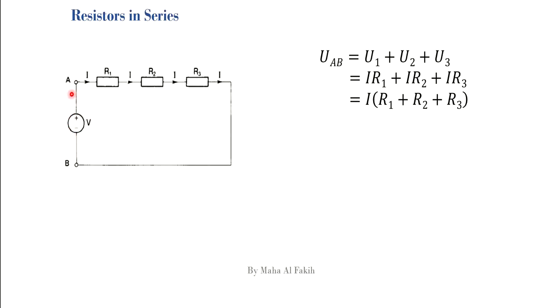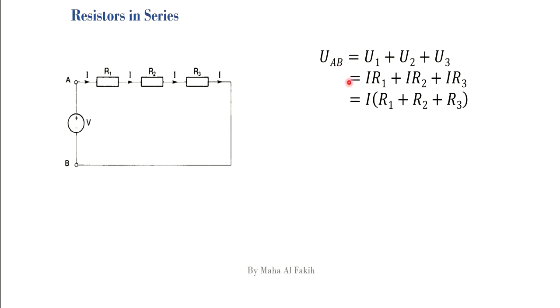So we can write UAB is equal to V. We can also look at the voltage between the points A and B in this direction, where the voltage between these 2 points is equal to the voltage across the resistors R1, R2, and R3. So we can write that UAB is equal to U1, the voltage across R1, plus U2, the voltage across R2, plus U3, the voltage across R3.